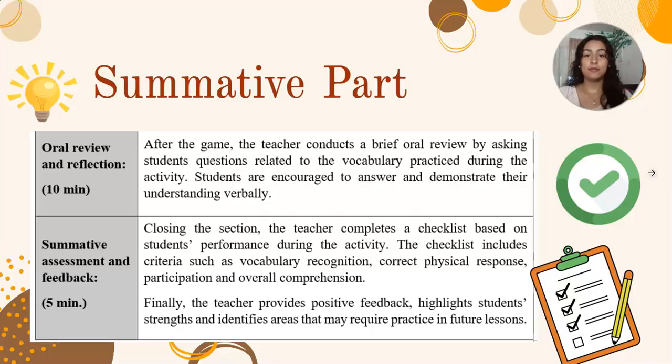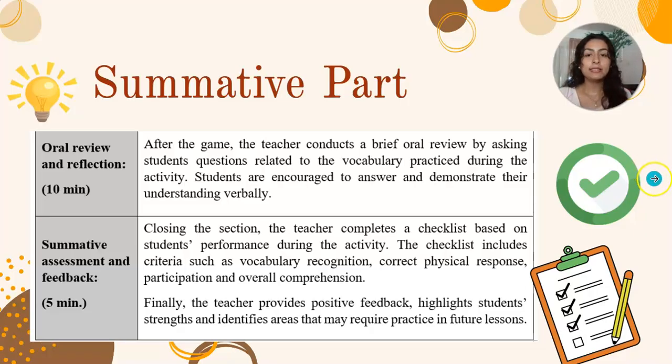Although this activity is primarily formative, it can also include a summative component. At the end of the activity, the teacher may conduct a brief oral review and use a checklist to record students' performance.